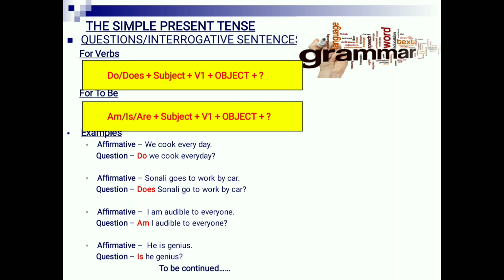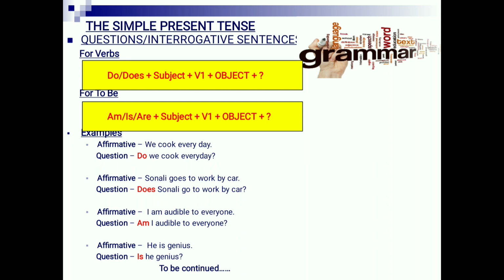And when there are verbs like am, is, are in the sentence, that is a form of be, that time you have to bring those helping verbs, am, is, are, at the starting of the sentence, then write subject, then first form of verb, and then object plus question mark.